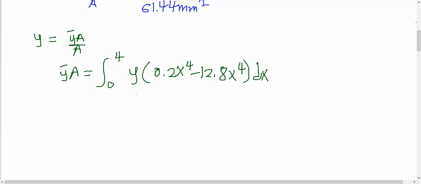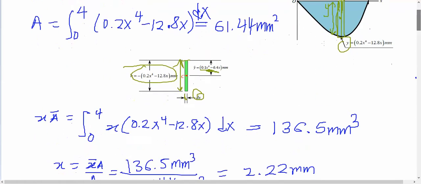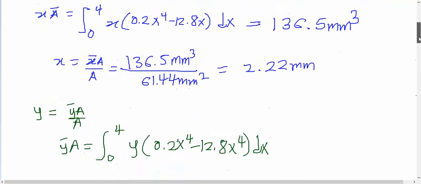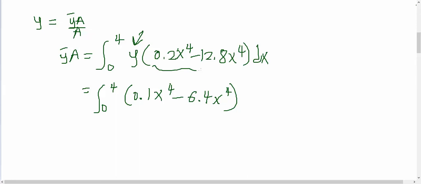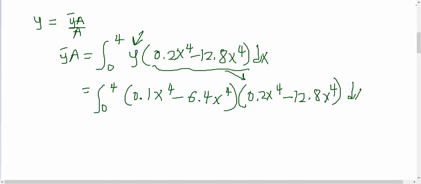Well, y was the centroid's height right here, 0.1 x to the 4 minus 6.4x. So replacing that here, we have the integral of 0.1 x to the 4 minus 6.4x, and we bring this part down: 0.2 x to the 4 minus 12.8x dx.